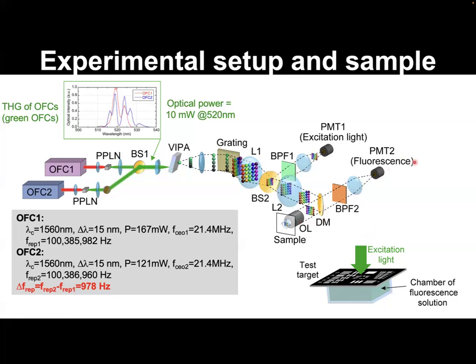Also, a part of the excitation light was detected by another PMT, PMT1. So the temporal waveforms of the detected RF signals from both photomultipliers were acquired by a fast digitizer.